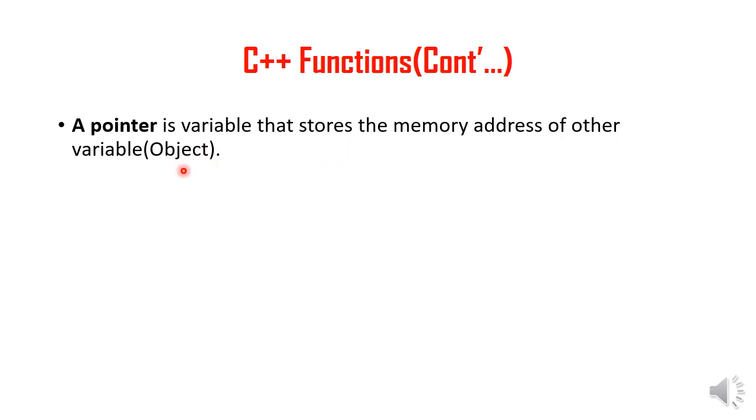By definition, a variable is a memory location which can store different values. So a pointer is a variable that stores the address of another variable, and the variable whose address is stored by a pointer is called an object.